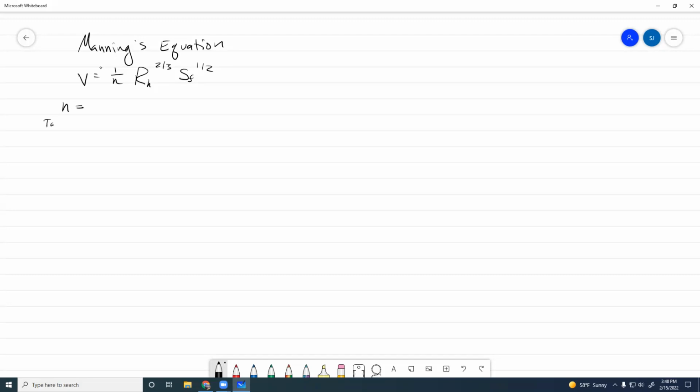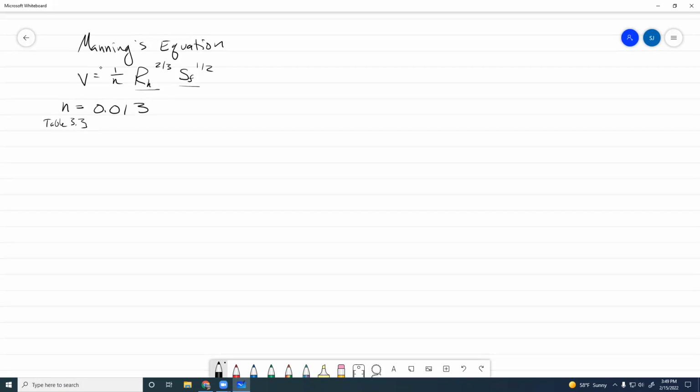N from table 3.3. And we say we have a cast iron. We got a range there, right? Kind of depends on if you want to be over or under conservative, depends on your design. In this case, let's just pick a middle value, which would be 0.013 for cast iron.